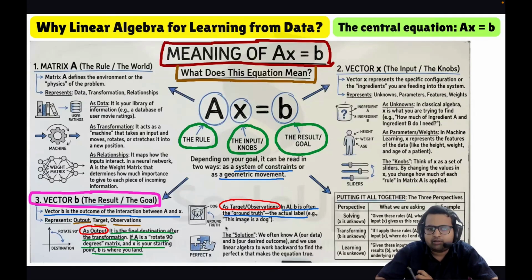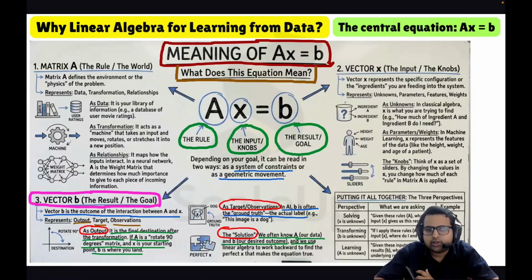And vector b can also represent the solution. The idea is that we often know the matrix A, our data, and vector b, our desired outcome.